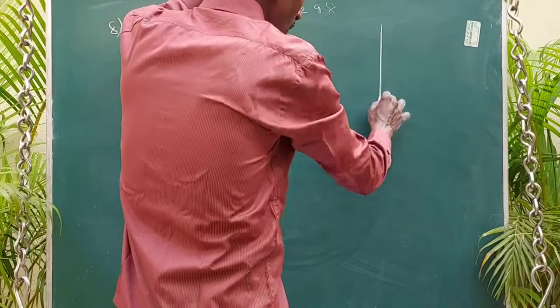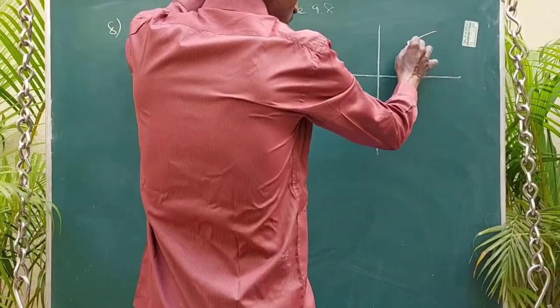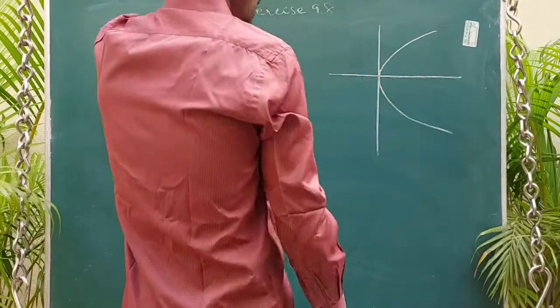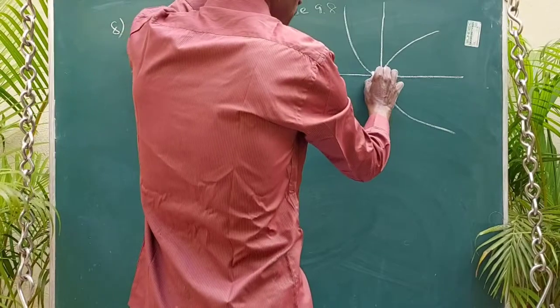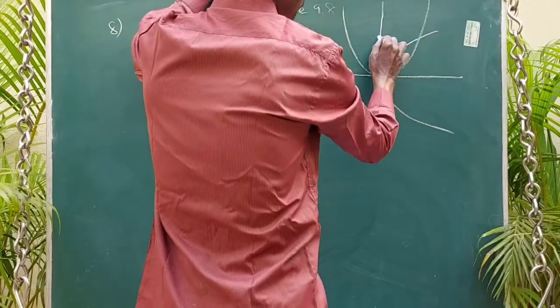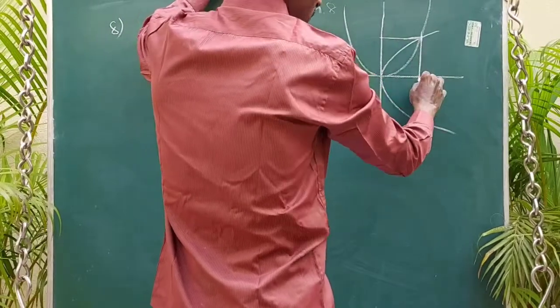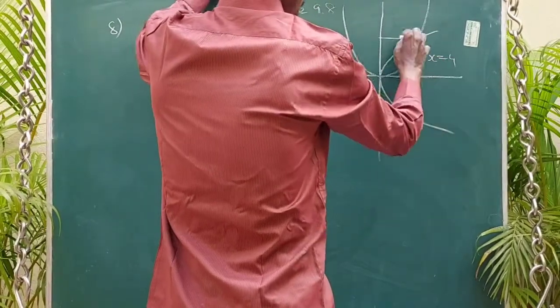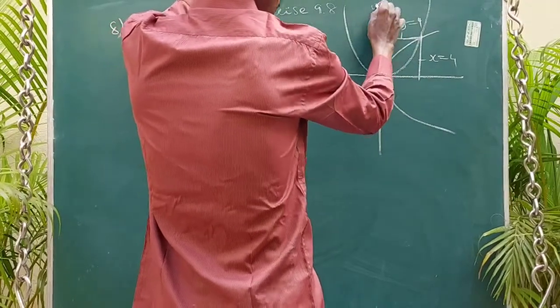So listen. Two curves are given. y square equal to 4x, parabola open rightward. x square equal to 4y, parabola open upward. So he has a square field. So this is x equal to 4 and this is y equal to 4. It is x equal to 0, the y axis.